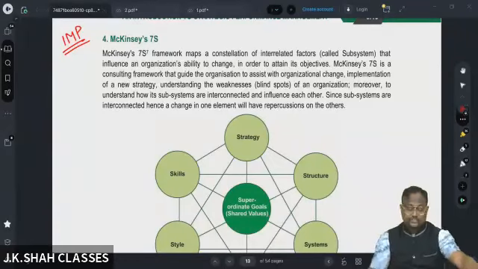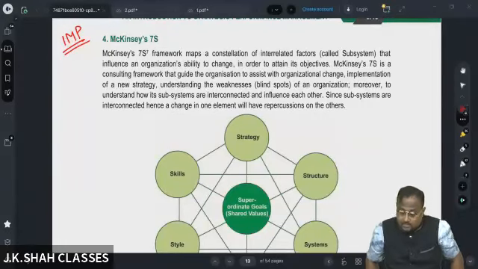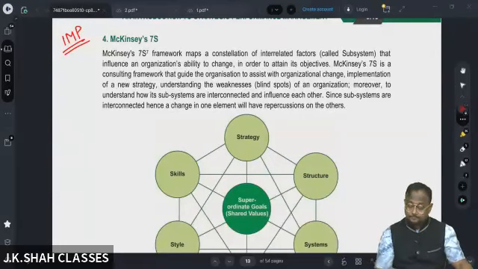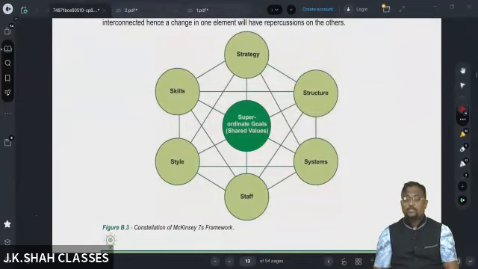McKinsey's 7S. Now, basically, it talks about all the subsystems towards achieving the goal. Okay, and that includes strategy, structure, systems.